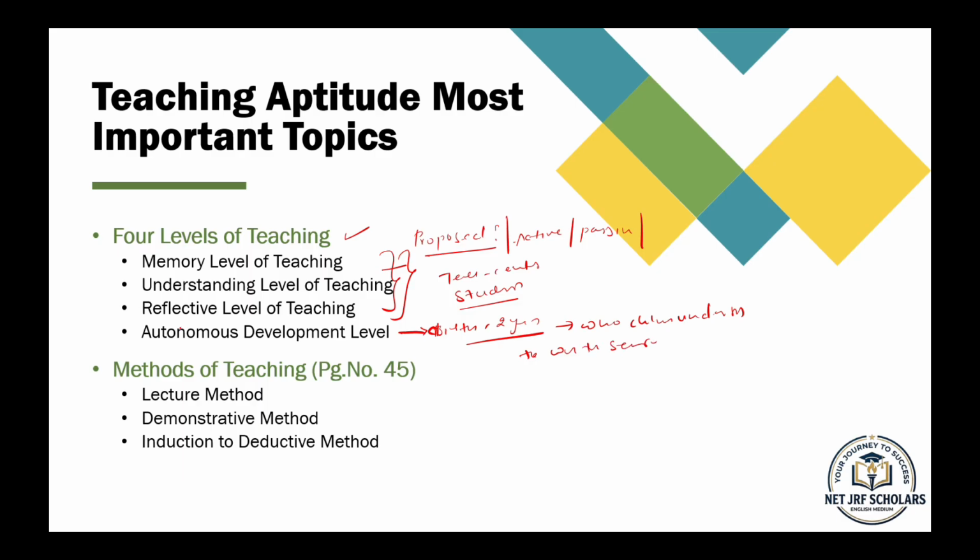That is the autonomous development system. I'll tell you: the memory level was proposed by Herbert, the understanding level by Morrison, the reflective level by Hunt, and this is by Morris. So with respect to the levels of teaching, you need to focus on who proposed them, who has the active role, who has the passive role, whether it is thoughtful, thoughtless, and so on.